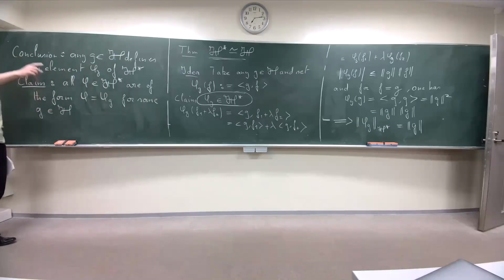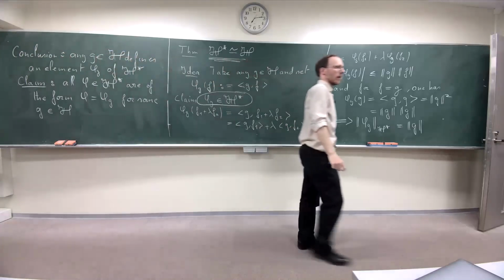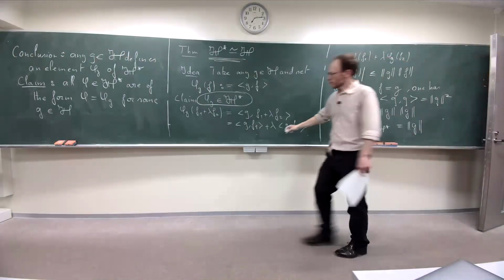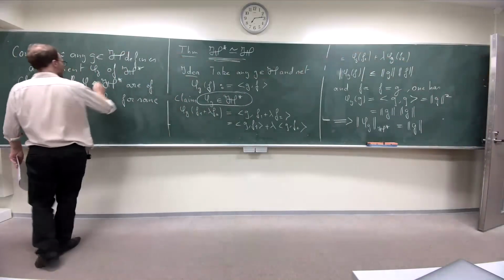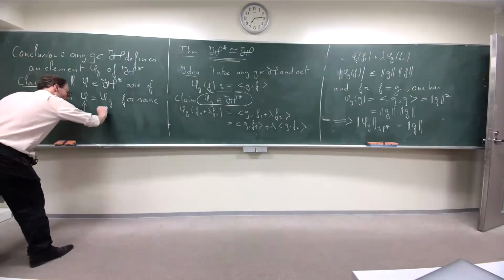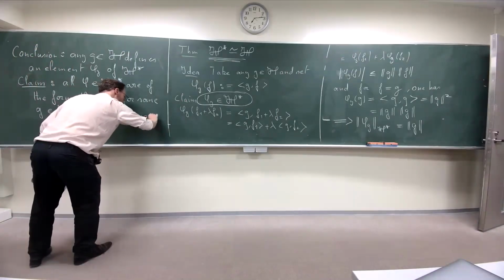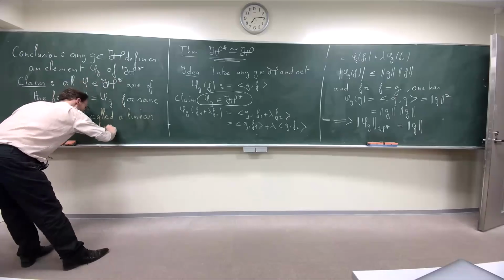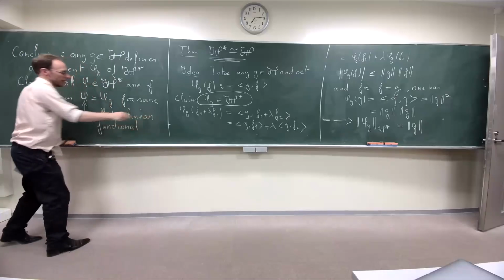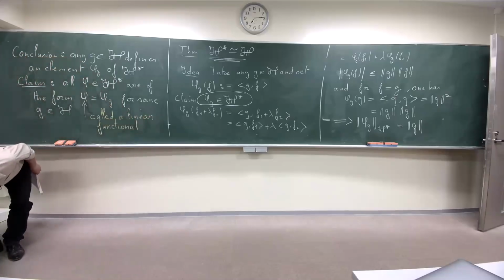And if you have this, you understand this theorem. Any G defines, I did not write it, but this is also called a linear functional. Linear, it's clear by definition. Functional means function with value in C.